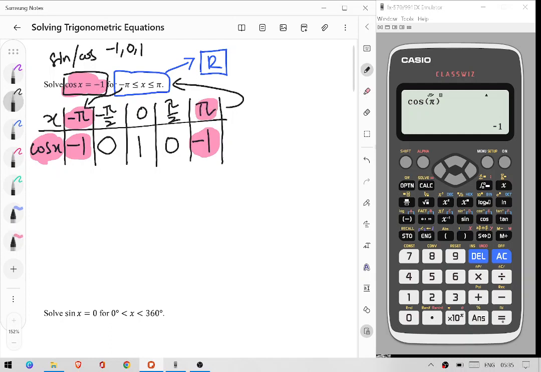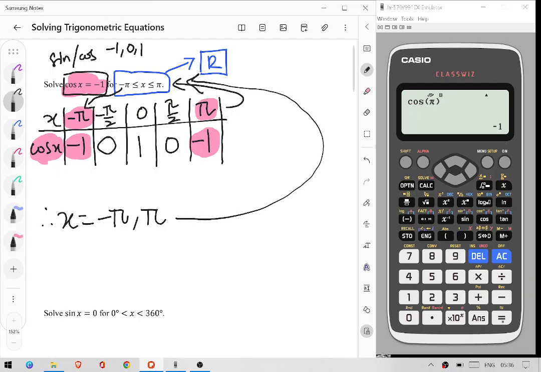So from there we know the final answer: minus pi and pi. But we still have to check back whether it is allowed in the range or not. As you can see over here, the interval includes minus pi and pi. Therefore, this is really the final answer.